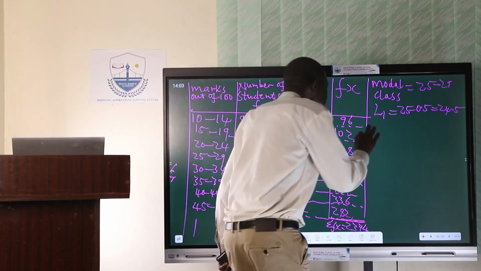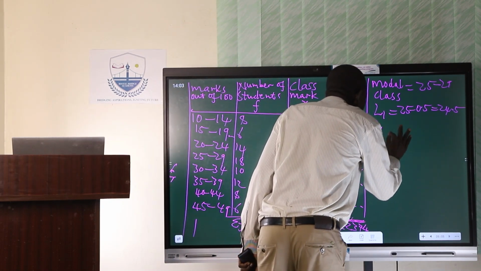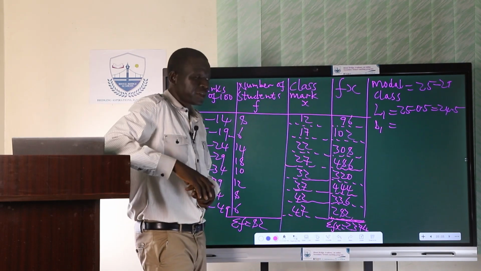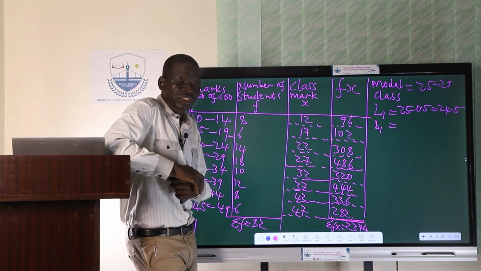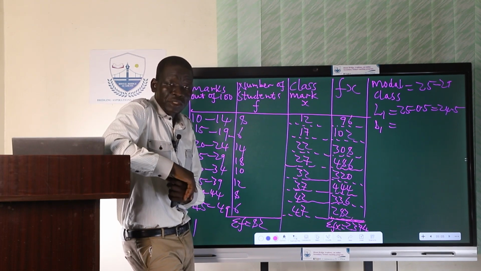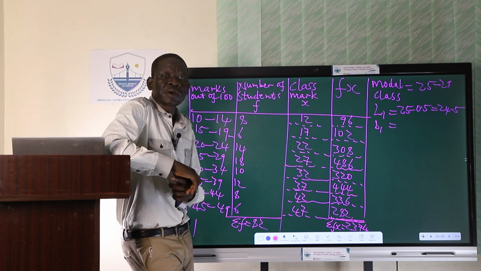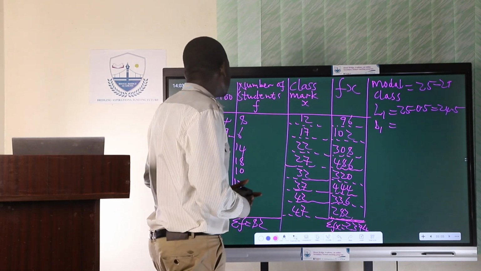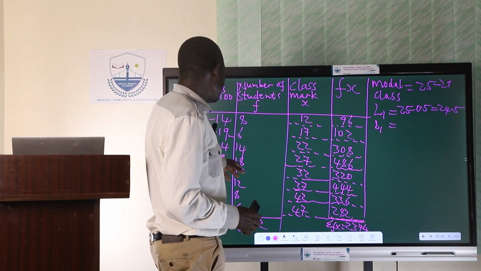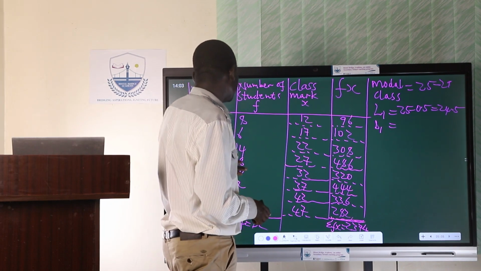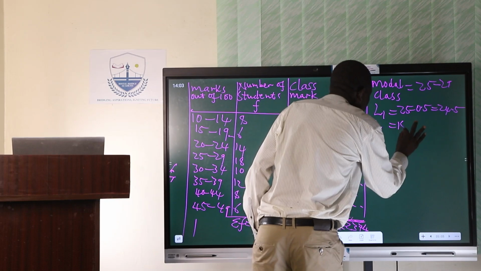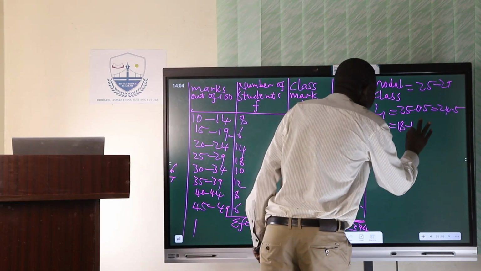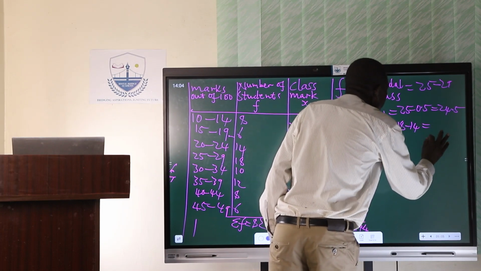Then we shall obtain also D1. From the definition, D1 is the difference between the frequency of the modal class and the one before it. In this case, the frequency of the modal class is 18. The one before it is 14. So 18 minus 14 is equal to 4.